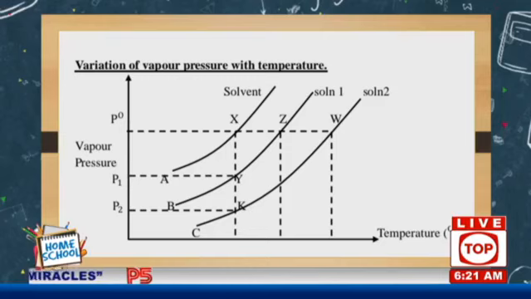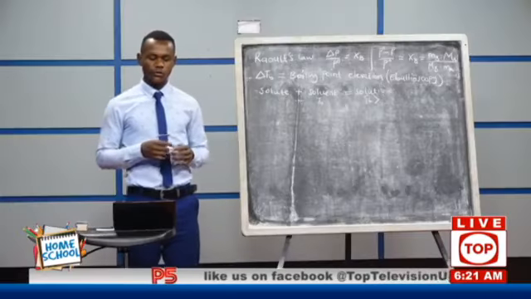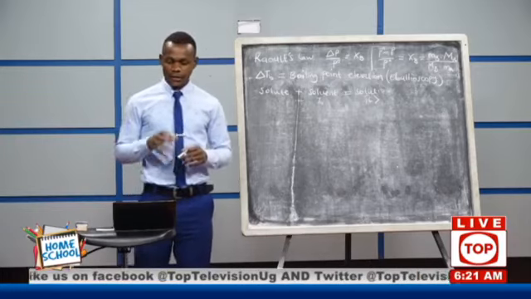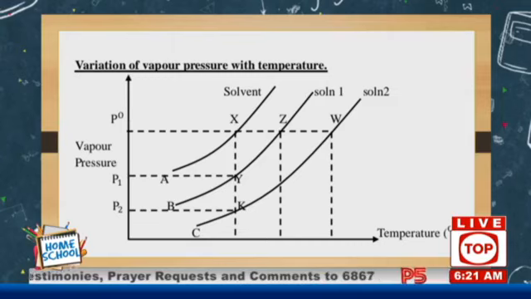Okay, so when you look at it very well, you realize that the vapor pressure curves for the dilute solutions are nearly parallel to that of the pure solvent. Can you bring back that slide? The vapor pressure curves of the dilute solutions are nearly parallel to that of the pure solvent, and the curves therefore approximate to a straight line.